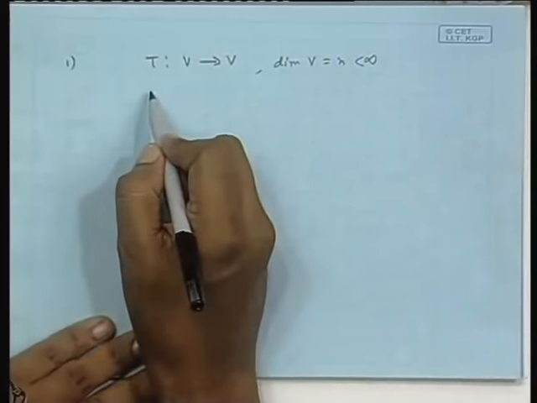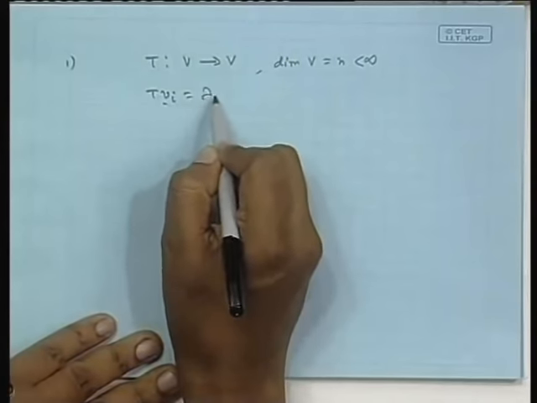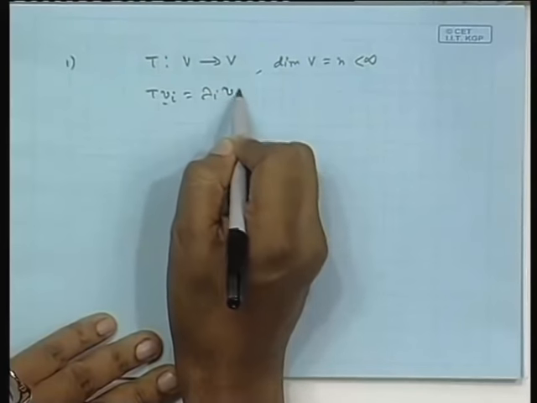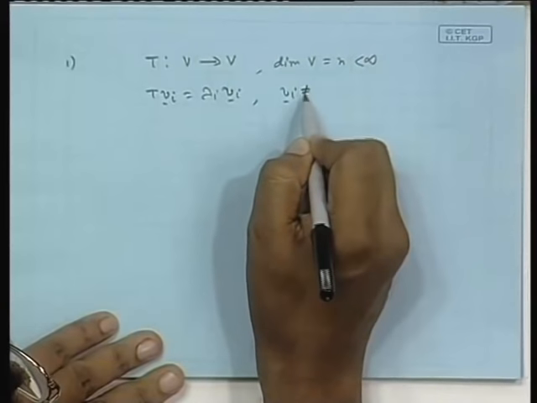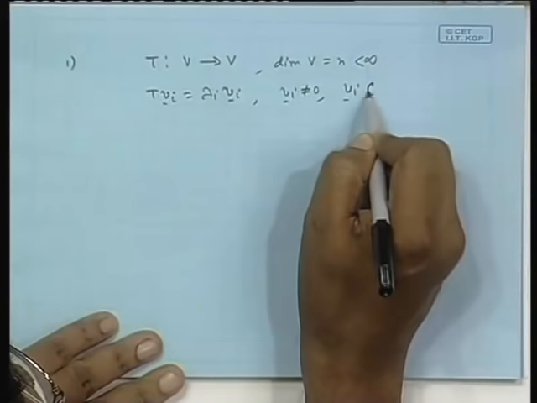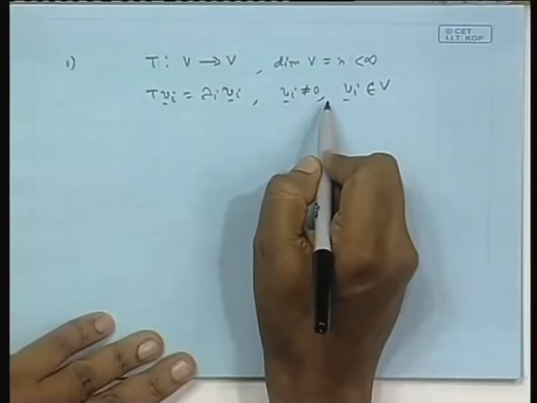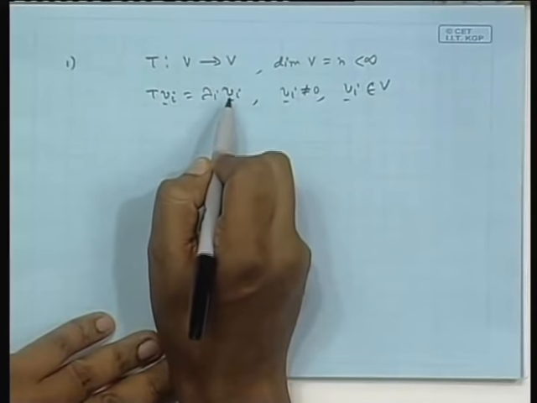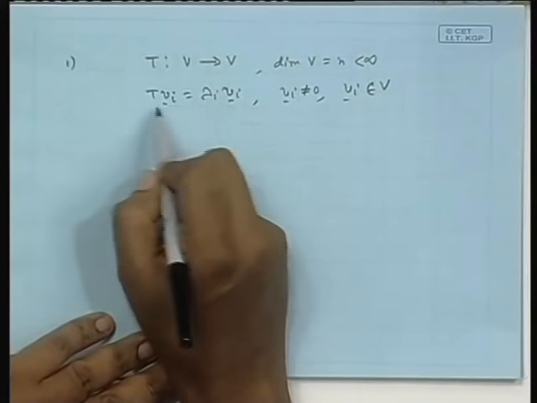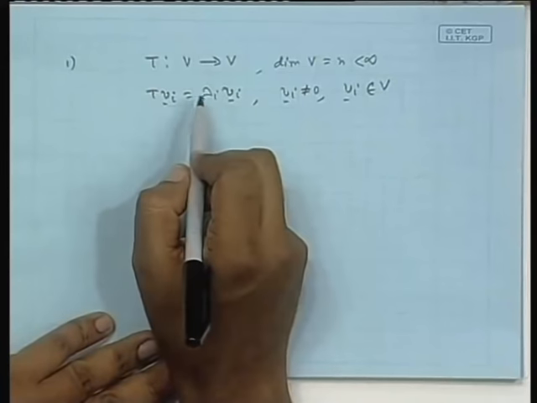Then, if you have T V i equals lambda i V i, where V i is a non-zero vector belonging to V, such that T working on V i gives you back V i only, just multiplied by a constant lambda i, then we say V i is an eigenvector and lambda i is the corresponding eigenvalue for this operator T.